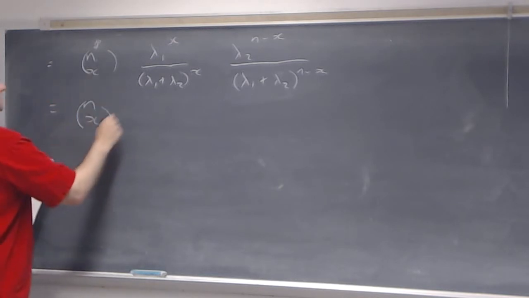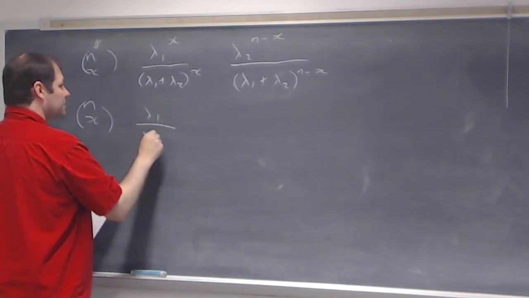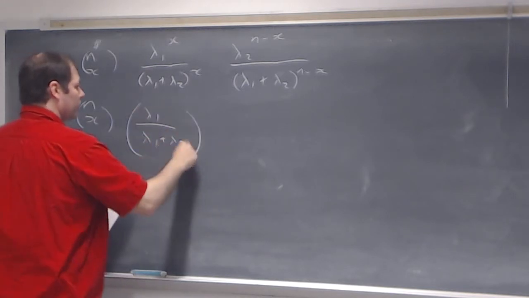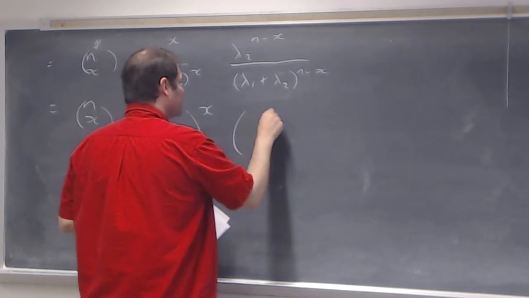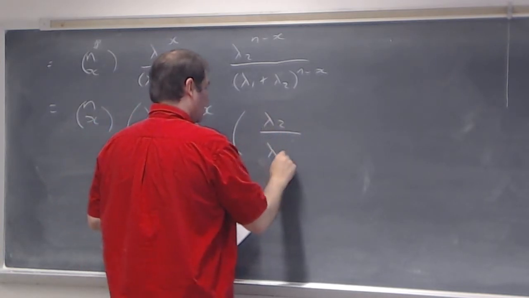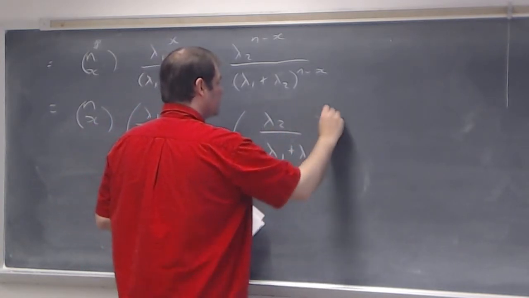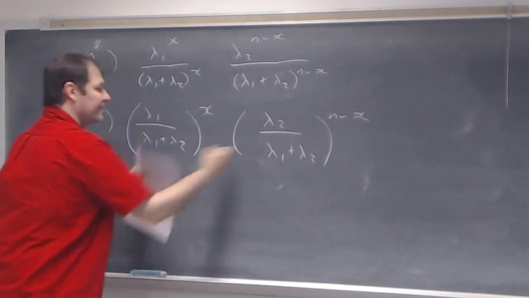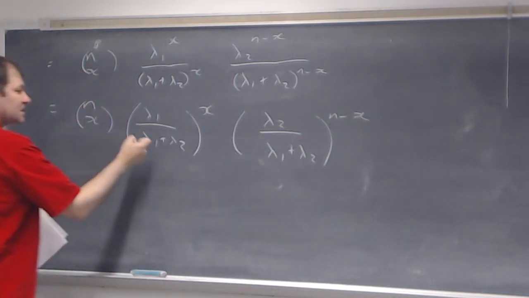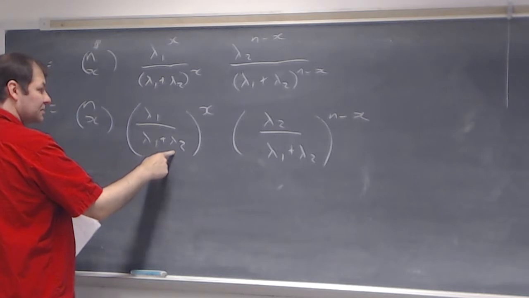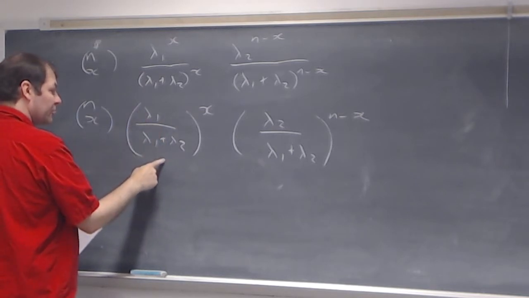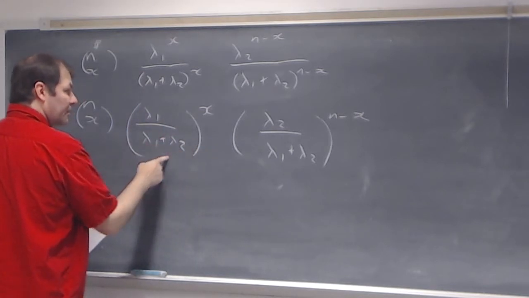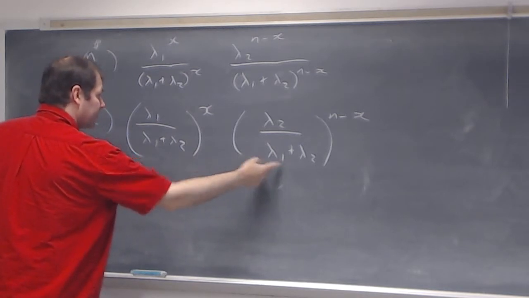It's n choose x, lambda sub 1 over lambda sub 1 plus lambda sub 2 raised to the x, times lambda sub 2 over lambda sub 1 plus lambda sub 2 to the n minus x. And as I was saying, you add these two together, you get 1. So this is a number that's between 0 and 1, to be thought of as a probability, with 1 minus that probability.